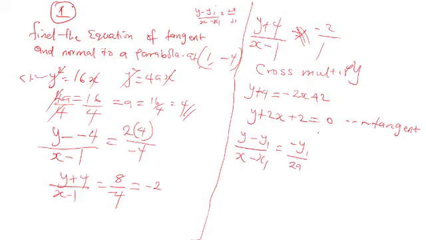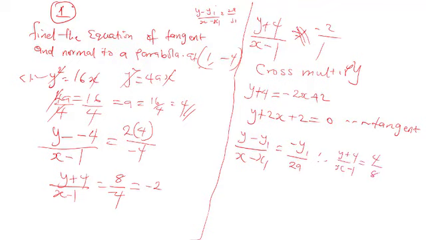Now with this, on substitution, we have y plus 4 over x minus 1 equals 4 over 8.